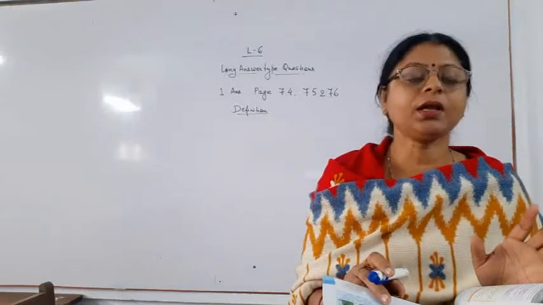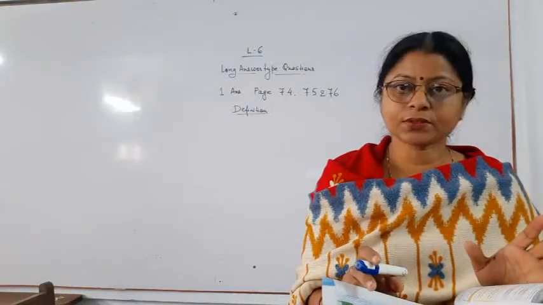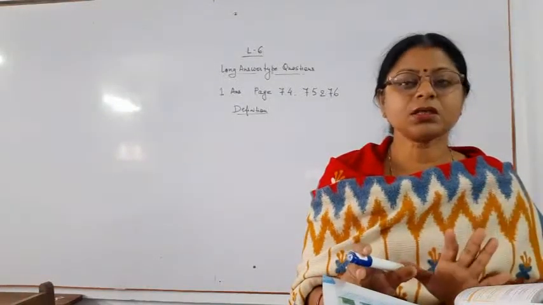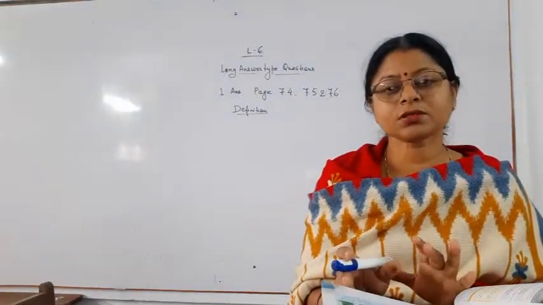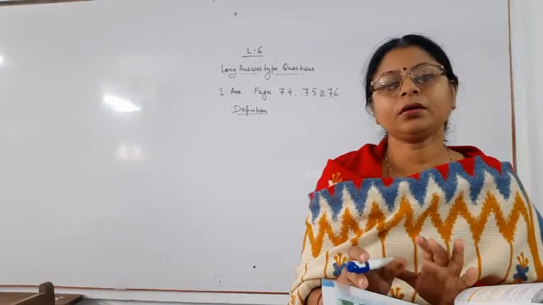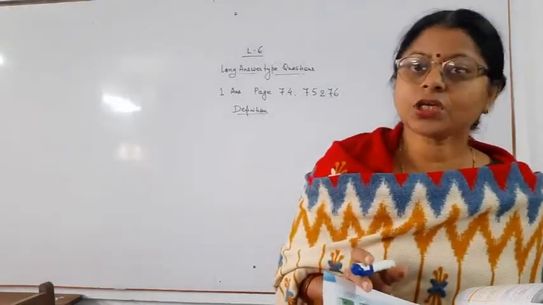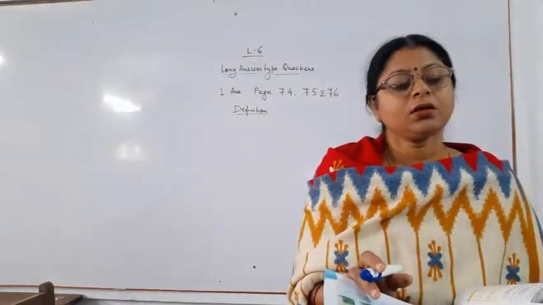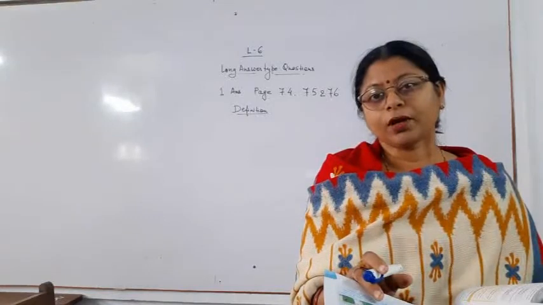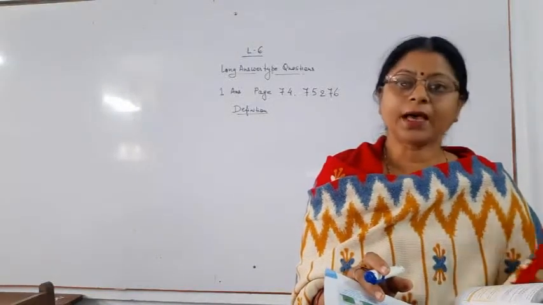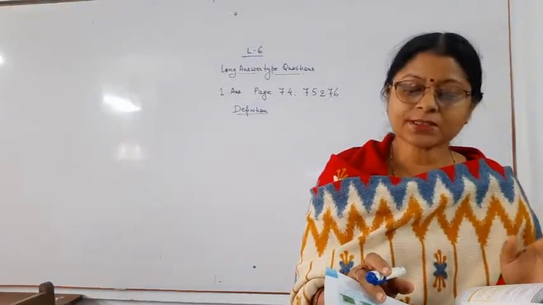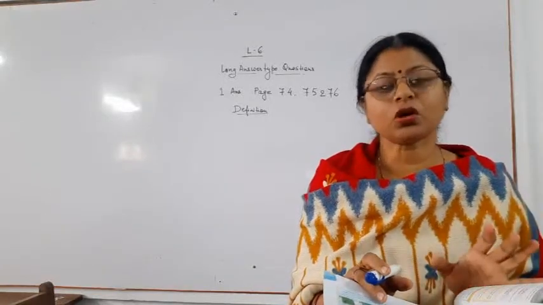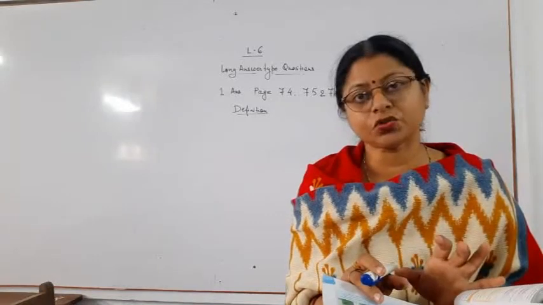For example, NaOH aqueous, sodium hydroxide in aqueous solution, plus HCl aqueous, hydrogen chloride in aqueous solution, change into NaCl aqueous. This is the salt, sodium chloride, formed after the reaction of NaOH, which is a base, and HCl, which is an acid, reacting together to form the salt NaCl and water H2O.